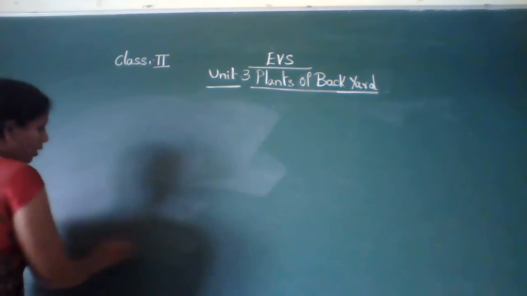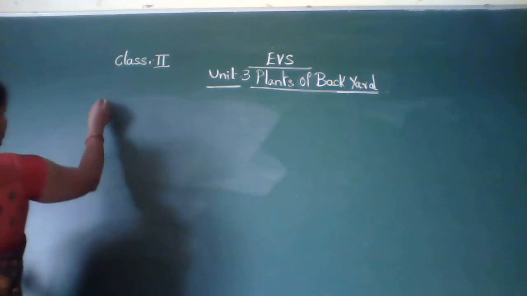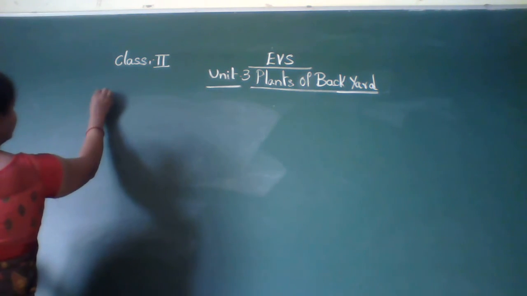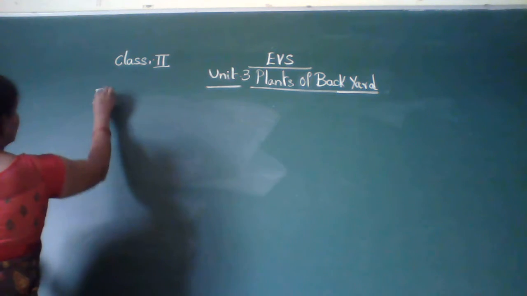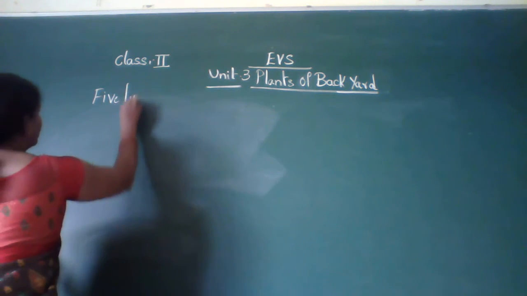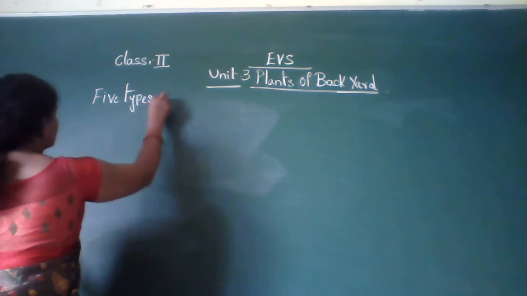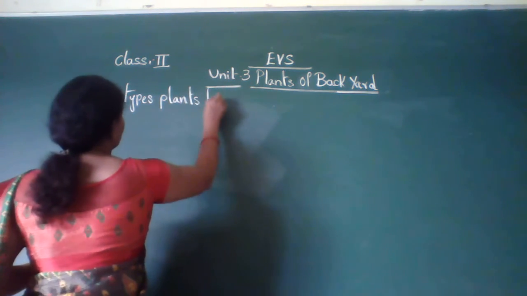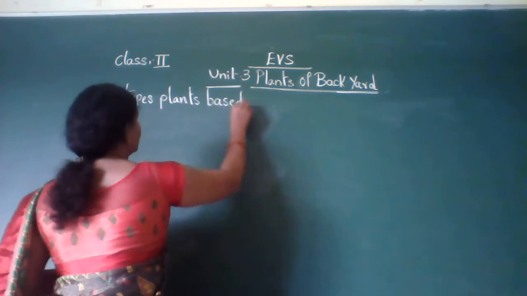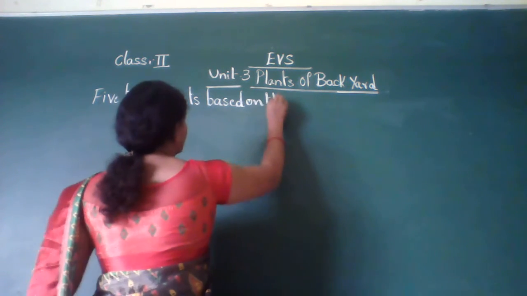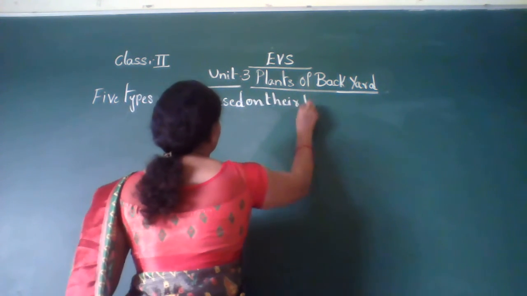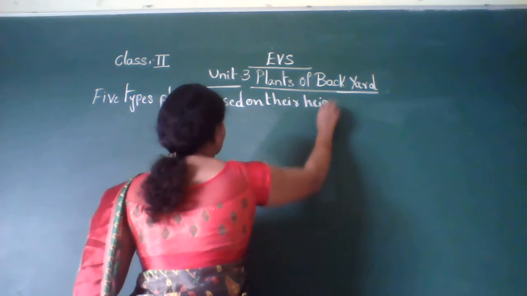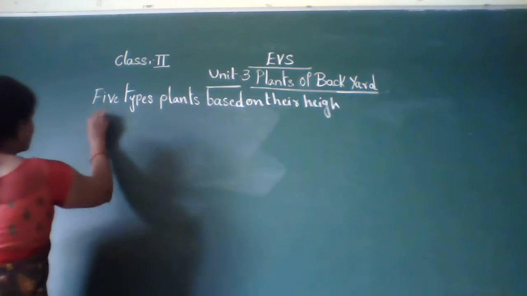We classify the plants into 5 types of plants based on their height and hardness of the stem.